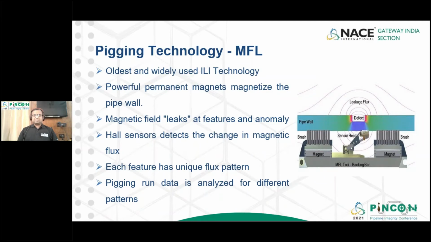The data captured from the flux leakage forms a pattern which is specific to a feature, also known as feature signatures. On receiving the pig, all data is downloaded and then analyzed for the features and corrosions.